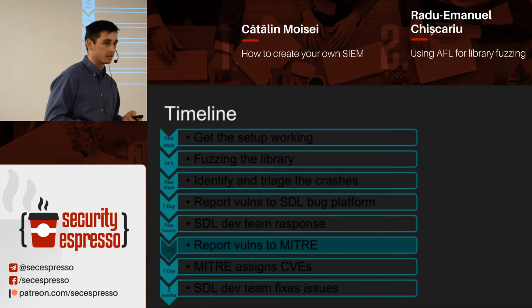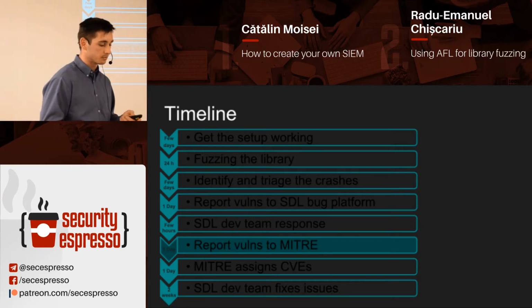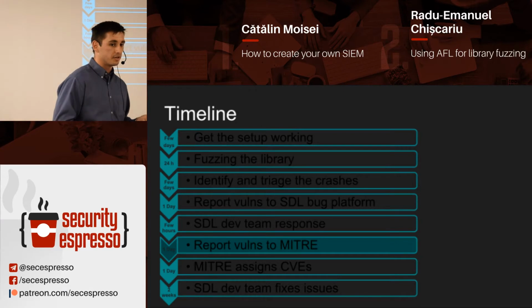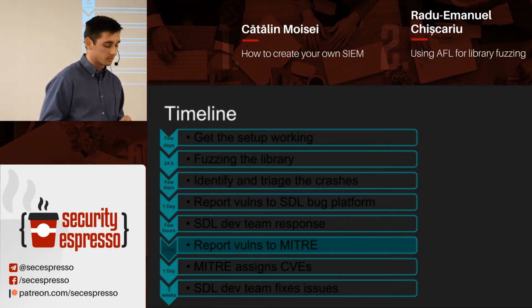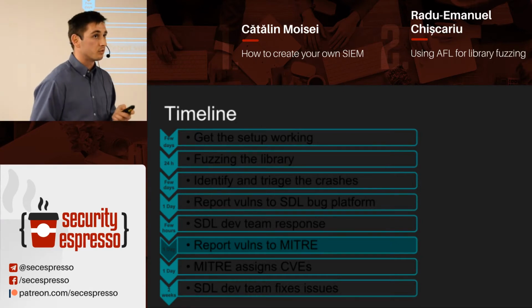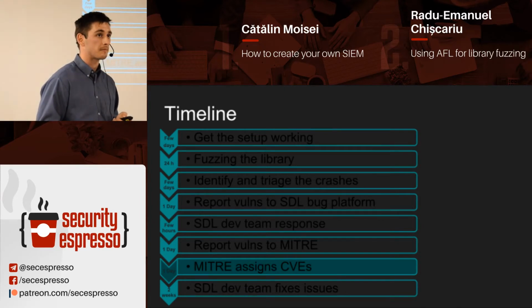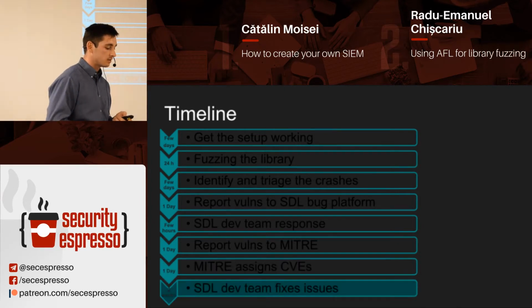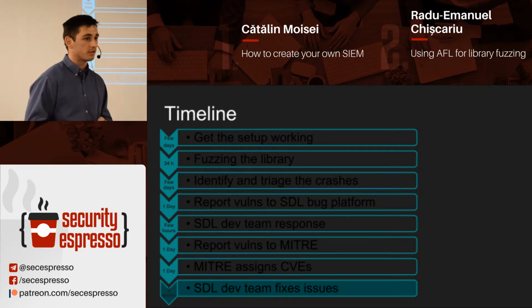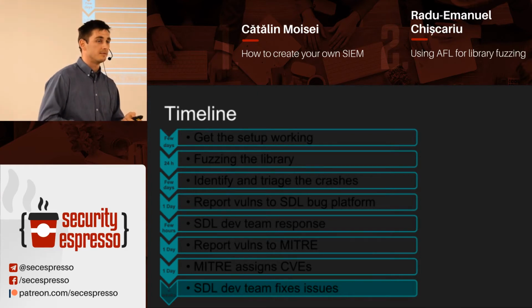Sometimes when I've reported other things to development and also to Mitre, usually the development team's response was slower. So Mitre was kind enough to assign the CVEs for my interesting findings in a matter of 24 hours. And in 2 weeks, the development team fixed all the issues. So if you want to exploit them on an Android application that uses the library, say bye-bye to that.